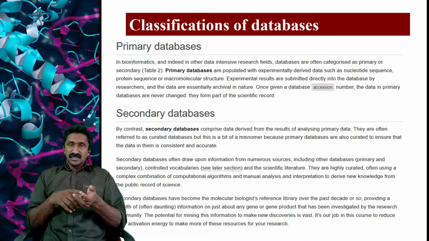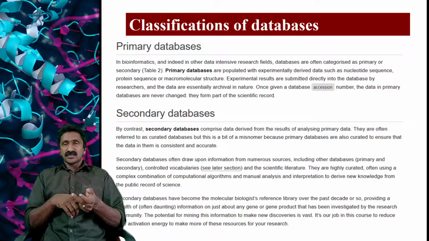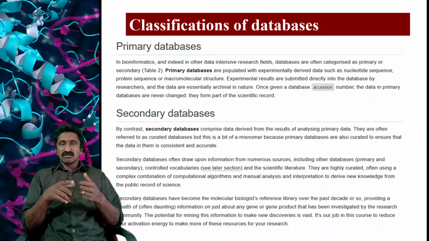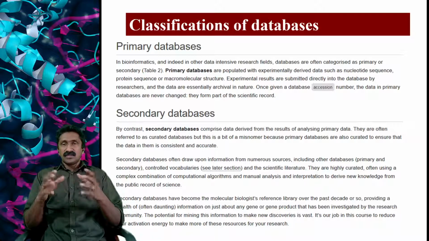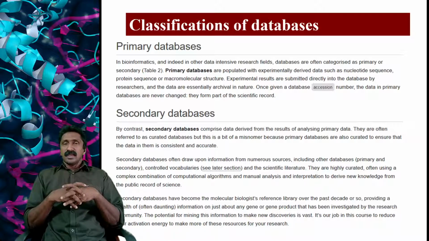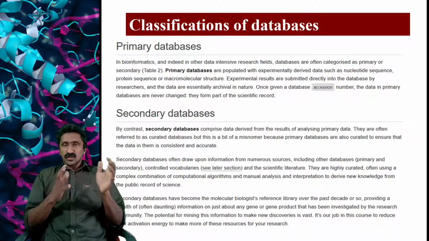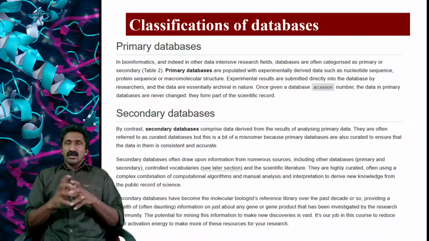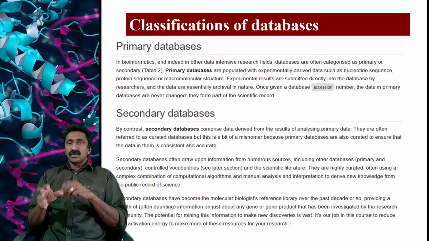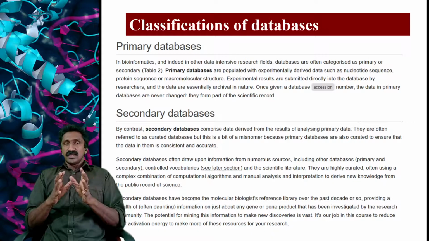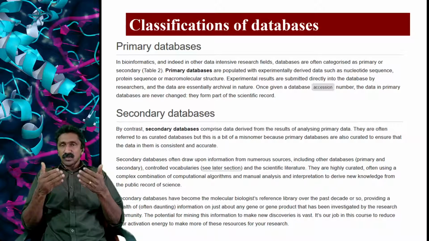What is the nature of the gene, which is the organism from which you isolated it, what is the sequencing method, and all other available information will be attached to that data. That is the process of curation.